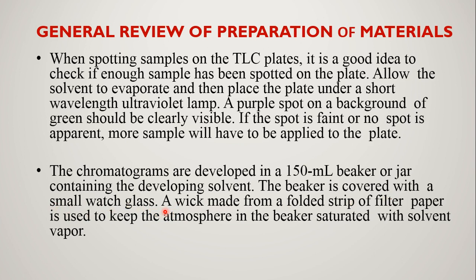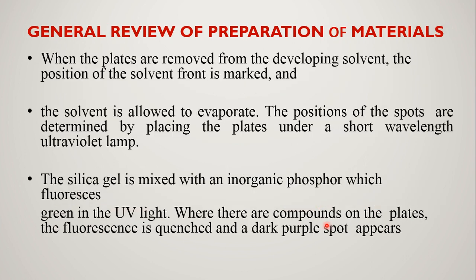And also we have to make the inner environment of this developing chamber saturated with that mobile phase or solvent. A wick made from a folded strip of filter paper is used to keep the atmosphere in the beaker saturated with the solvent vapors.